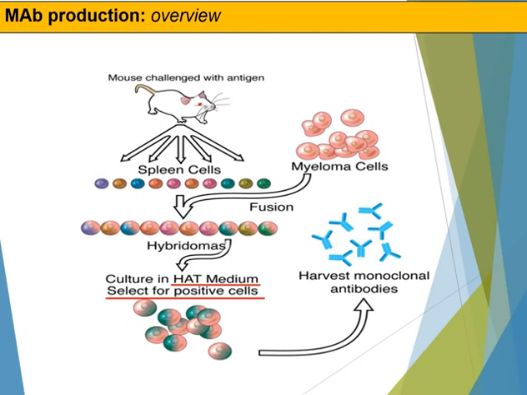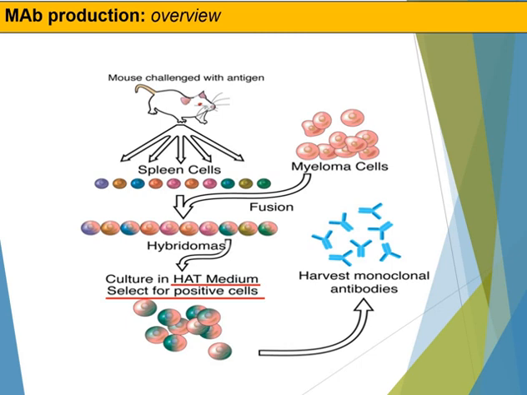Now when we fuse them, in this population there would be myeloma cells, spleen cells, and fused cells. Certain of the myeloma cells would be fused with the spleen cells. These fused cells are known as hybridomas.